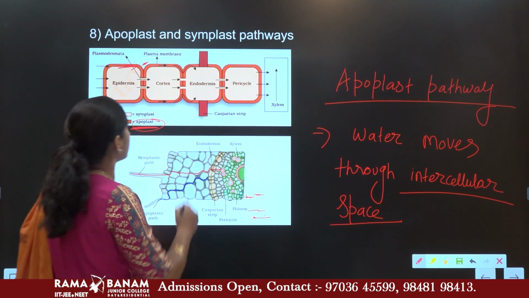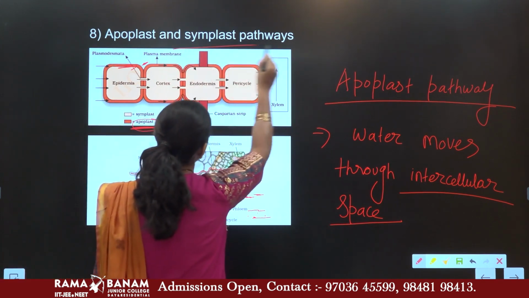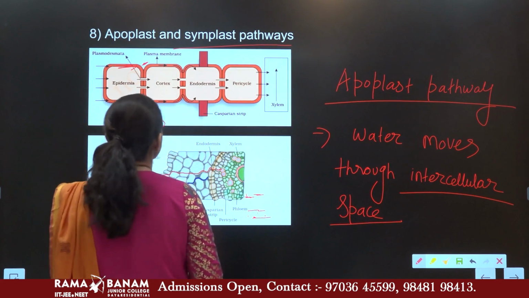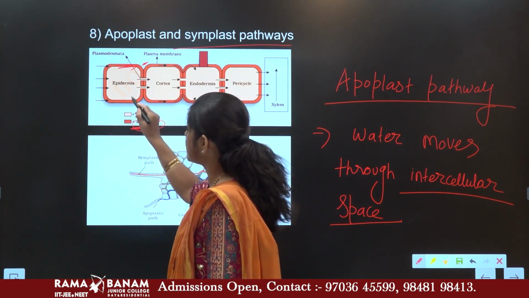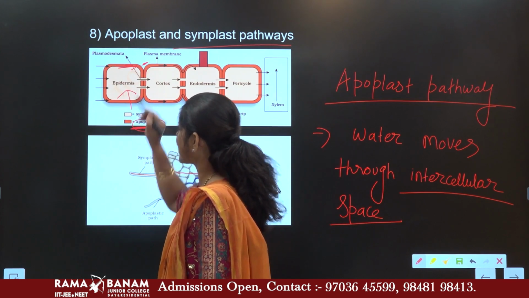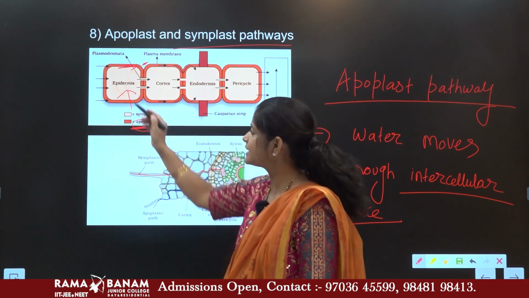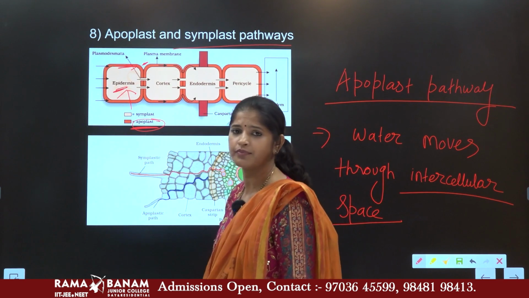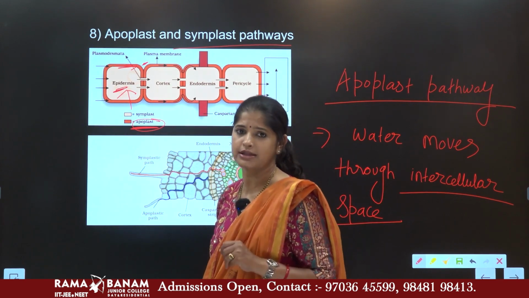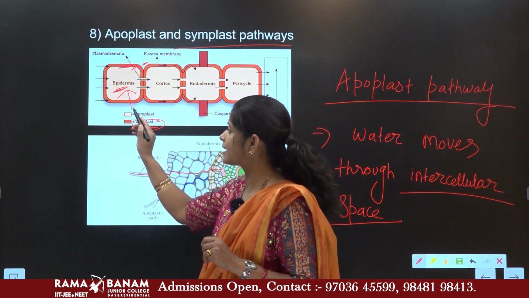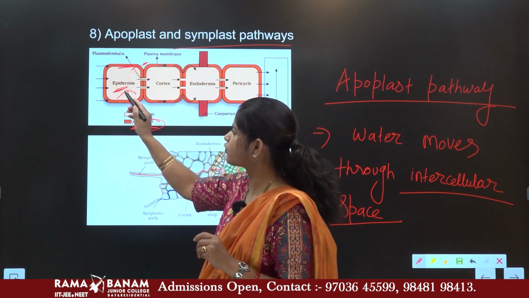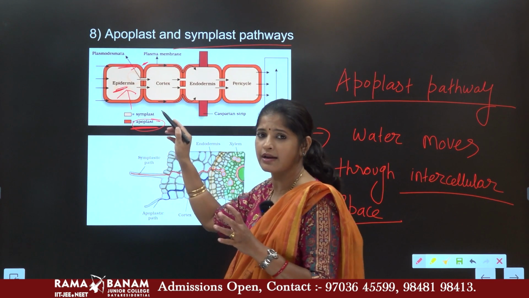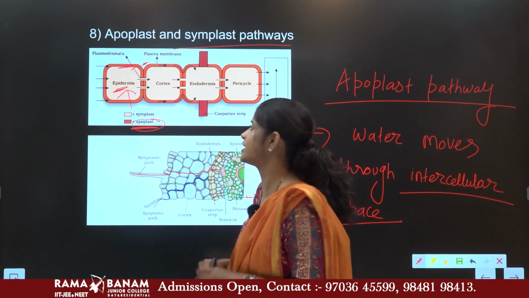And the other pathway is the symplast pathway. Symplast pathway means your water is coming inside the cell. Inside the cell, this part is what, student? That is the protoplast. So when water is coming inside the cell, it moves from one cell to another cell through the plasmodesmata.